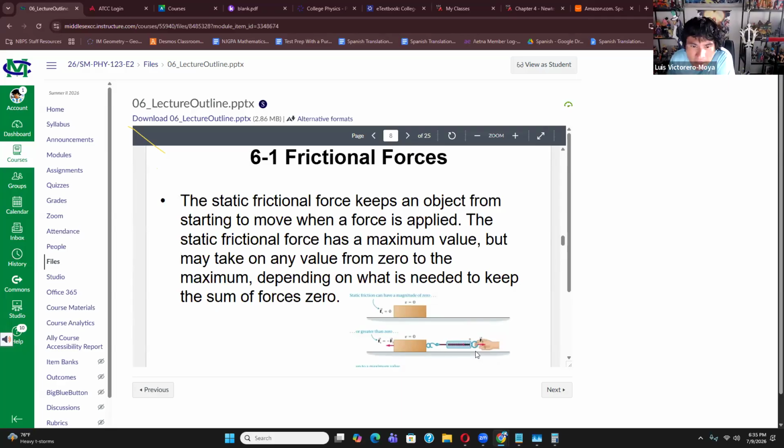It can be a desk, it can be the fridge, it can be your bed. In order for those bodies to start moving, you need to exert some sort of force. The static friction has a maximum value, and it depends on how much you need to keep the sum of forces 0.